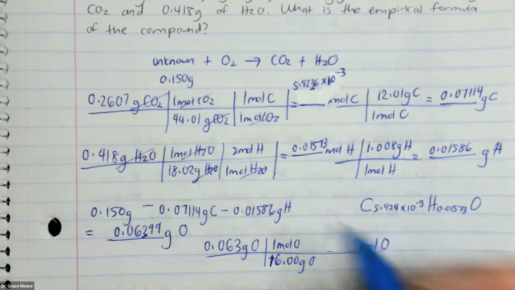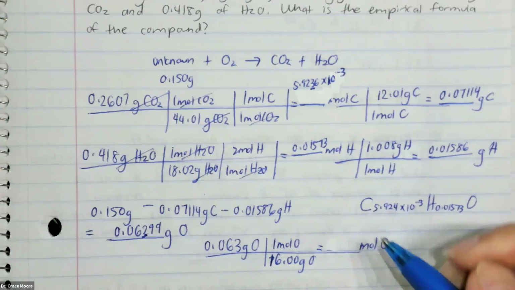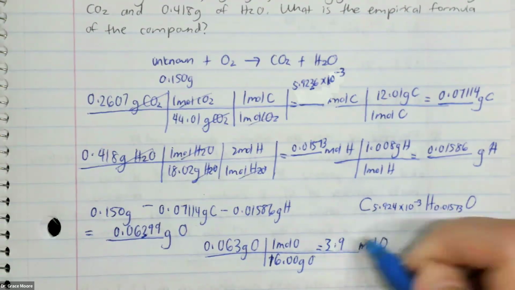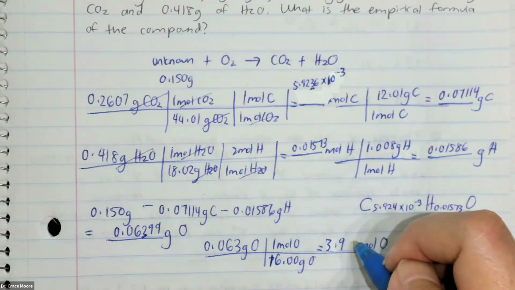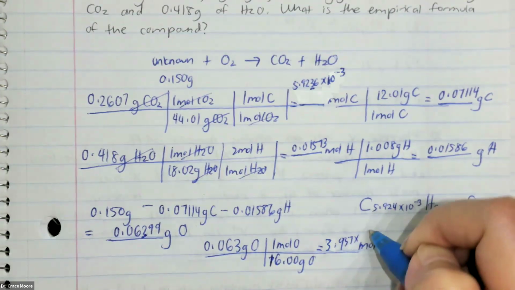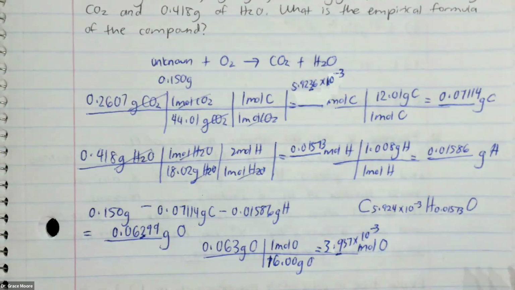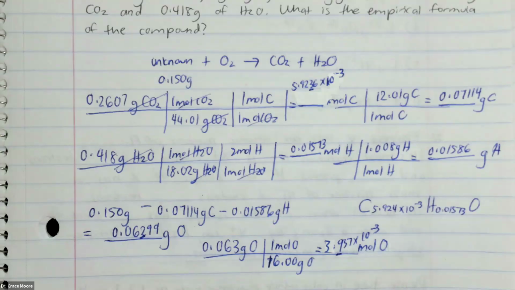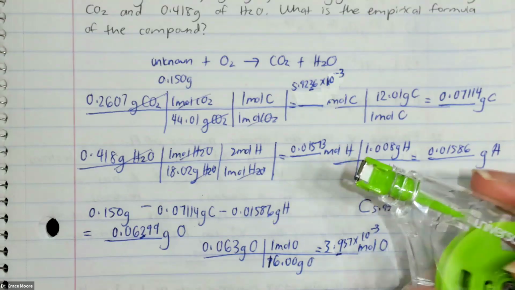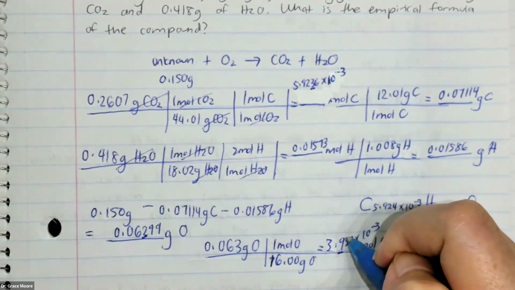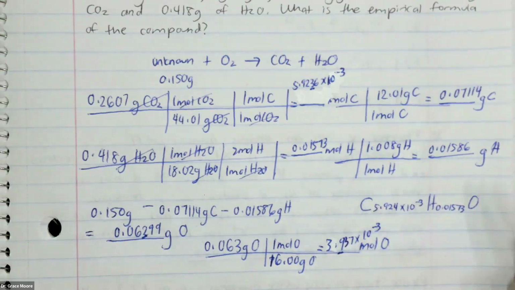The moles of oxygen is going to be 3.937 times 10 to the minus 3. Really, I'm down to like 2 sig figs, so you round to 3.9.